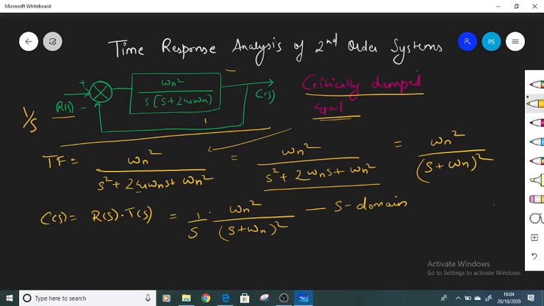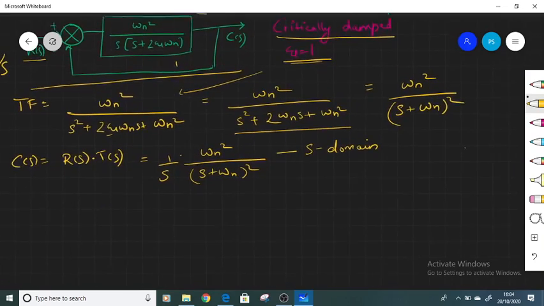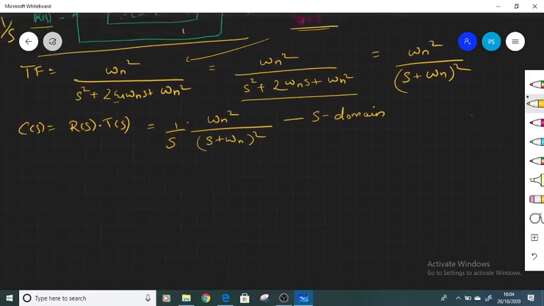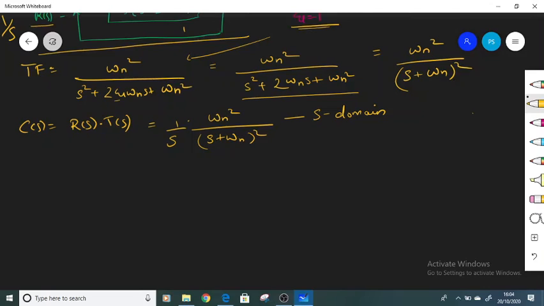Okay. Also, if I want to plot the poles for the system, where are these poles, the input pole and the pole for the transfer function, where are they going to lie? So in the S plane we have the real axis sigma and the imaginary axis as j omega.